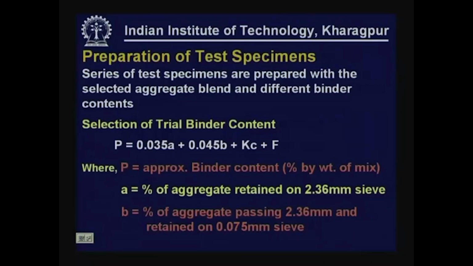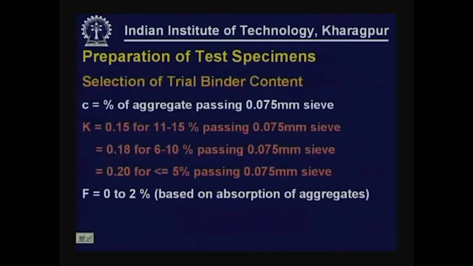whereas A is the percentage of aggregate retained on 2.36 millimeter sieve, B is the percentage of aggregates passing 2.36 millimeter sieve and retained on 0.075 millimeter sieve, C is the percentage of aggregate passing 0.075 millimeter sieve.